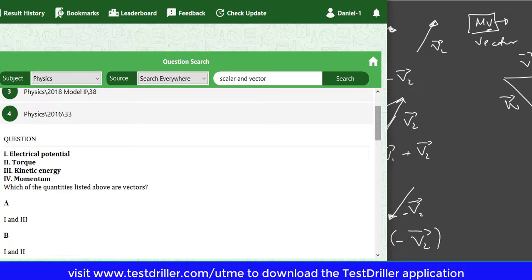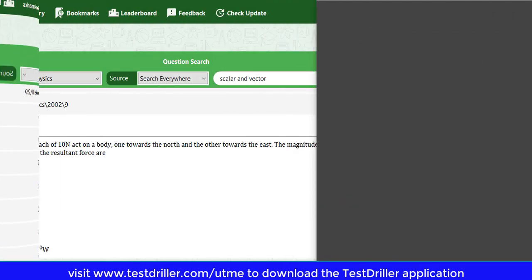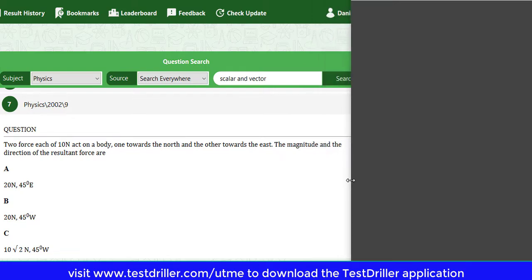So let's look at another question. Let's take a look at question number 9 from the year 2002. So the question goes as follows. Two forces, each of 10 Newton, act on a body, one towards the north and the other towards the east.